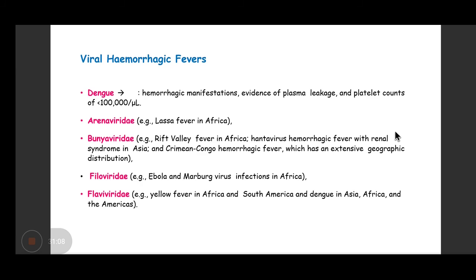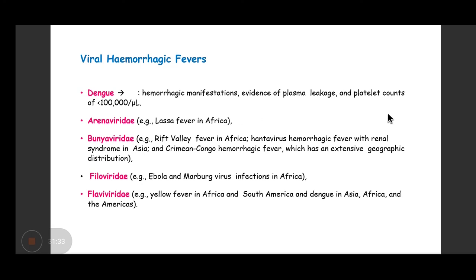Because there are a large number of viral hemorrhagic fevers like dengue, arenavirus, bunyavirus, filovirus, Ebola, Marburg infection, Rift Valley fever in Africa, Lassa fever in Africa, and yellow fever in Africa and South America. Many of these, like yellow fever, Ebola, or Marburg, are not present in India, so you will not prescribe the test for them.